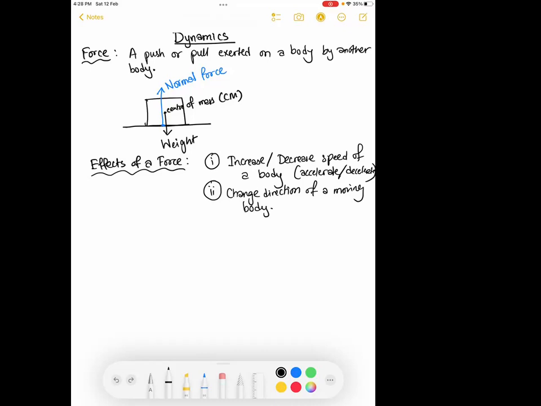Okay. Now, we actually need to know the 3 laws of Newton. So what is the first law? First law of Newton. A body will remain stationary or in continuous linear motion unless it is acted upon by a resultant force.